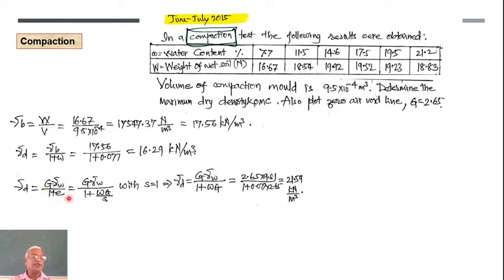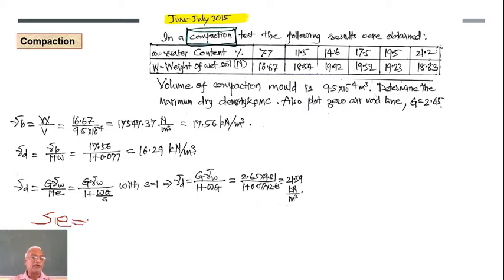The usual expression is G gamma W divided by 1 plus E. E can be substituted as Wg by S, because we know that S into E is equal to W into G. This equation we know.